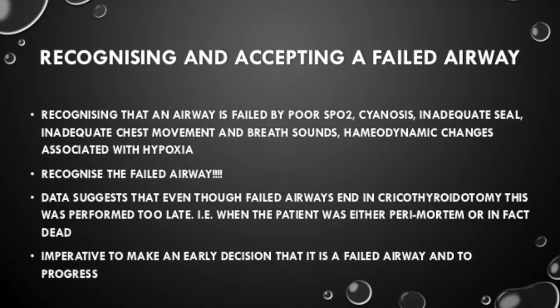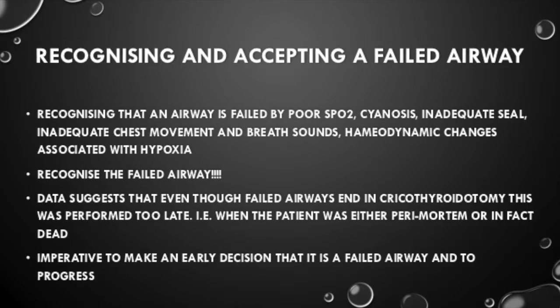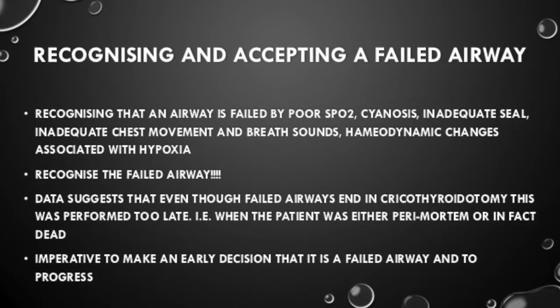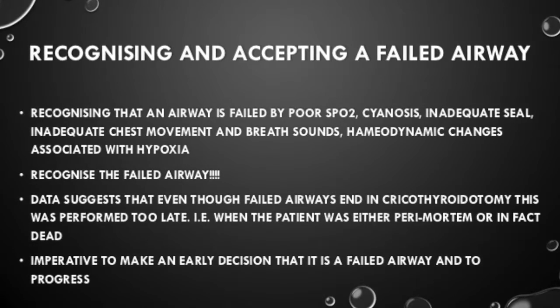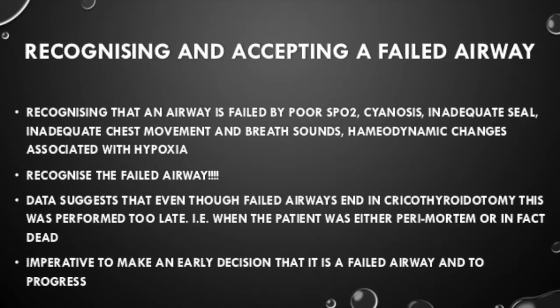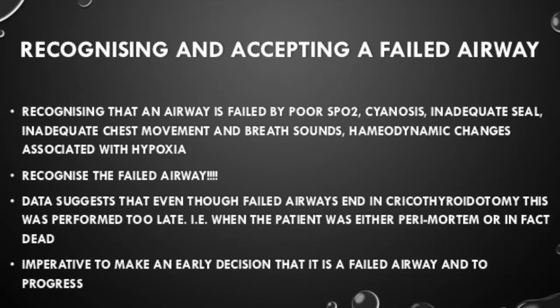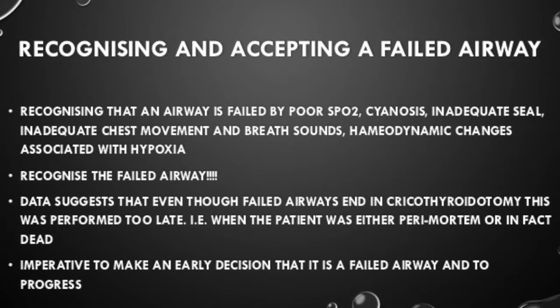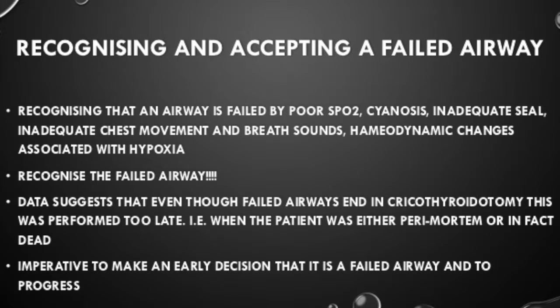If it is not possible to maintain oxygen saturations above 90% with 100% oxygen and face mask ventilation, this is a can't intubate, can't oxygenate situation, and cricothyroidotomy needs to be adopted and implemented. At this stage, it's imperative that you declare this is a can't intubate, can't oxygenate situation so everyone is aware of the situation.